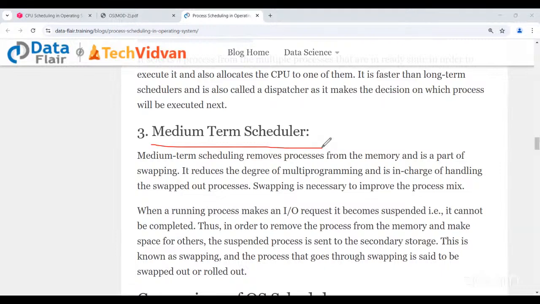What is the medium-term scheduler? It is removing the processes from the memory. And why is it removing them? Because it is a part of swapping.